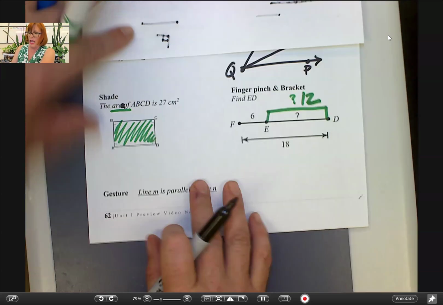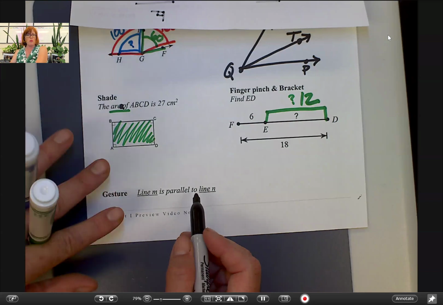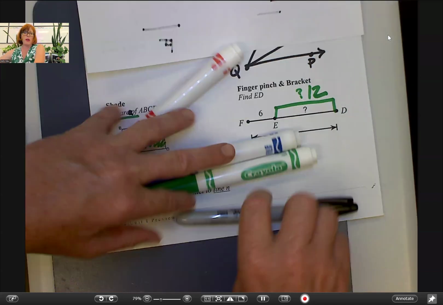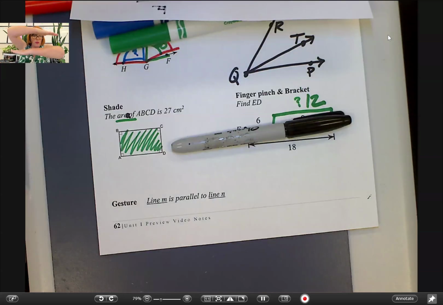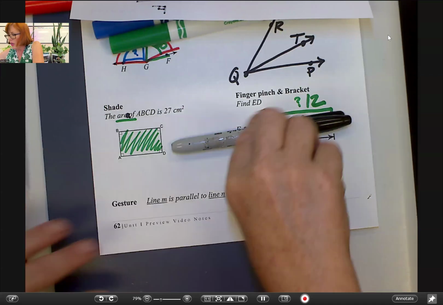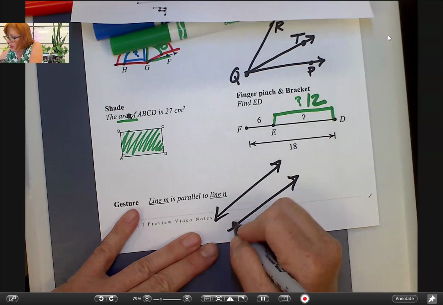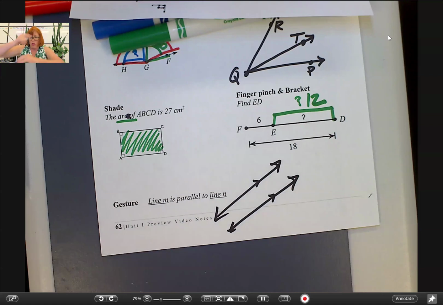It says line M is parallel to line N. So you should be doing something like this with your arms. Parallel means to go the same direction and never intersect. So parallel, parallel, parallel. Actually, a little arrow feathers, that technically means parallel. So you should gesture.